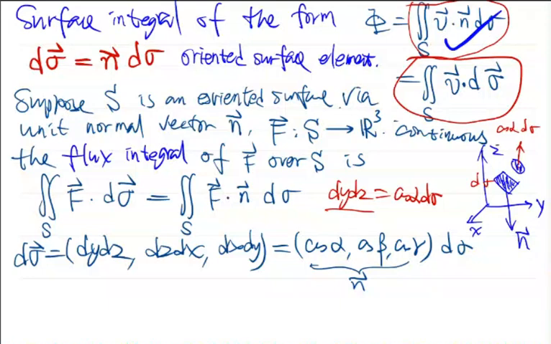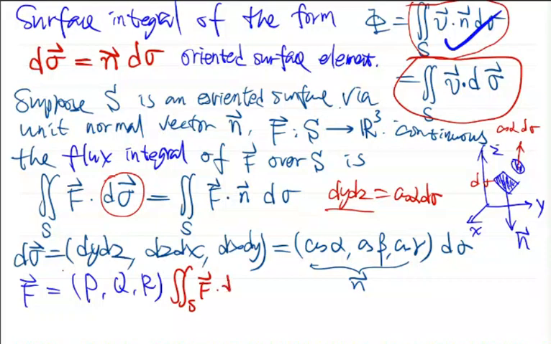Usually we write the dσ here by its components, and if F is given componentwise as P, Q, R, which are real valued functions, the three components of capital F, then our flux integral can be written as the inner product of F and dσ. dσ is (dy dz, dz dx, dx dy).